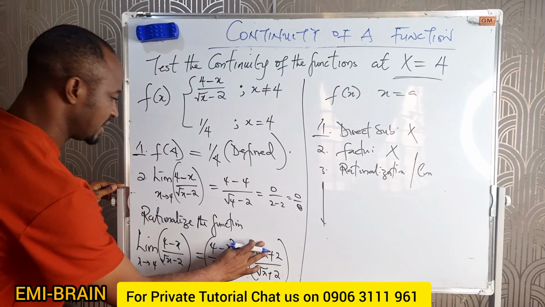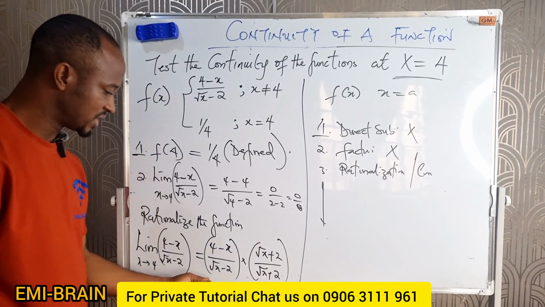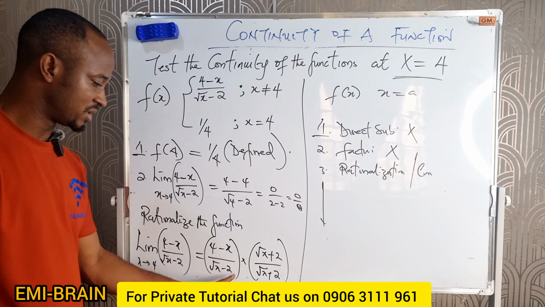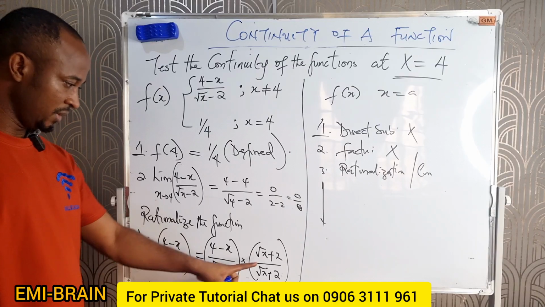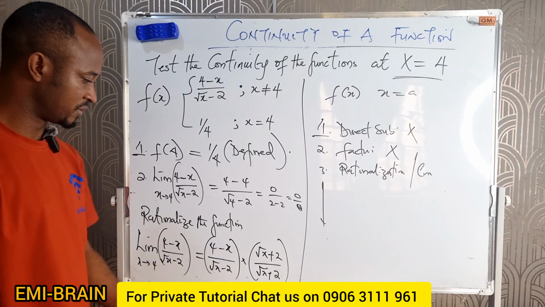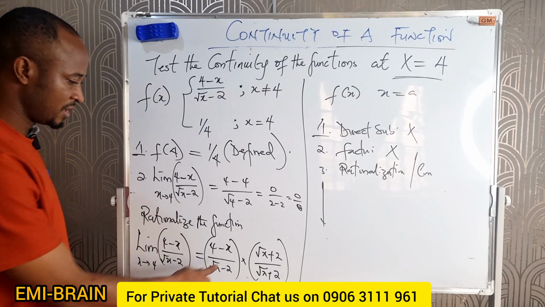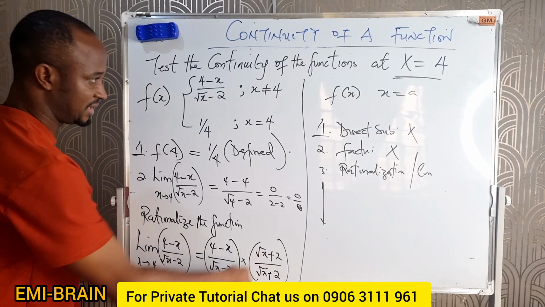Don't forget that by rationalization we mean we multiply the numerator and denominator by the conjugate of the denominator. The conjugate of root x minus 2 is root x plus 2, which is what I just did here.